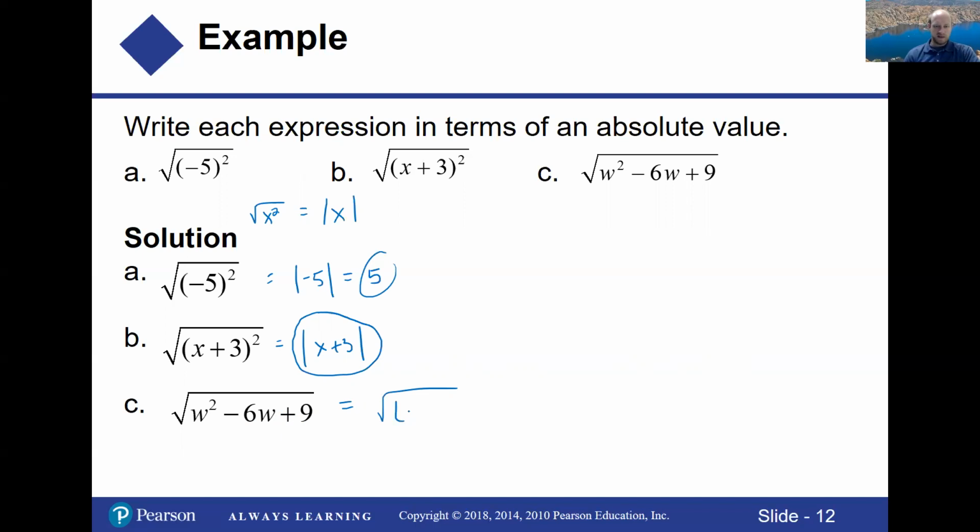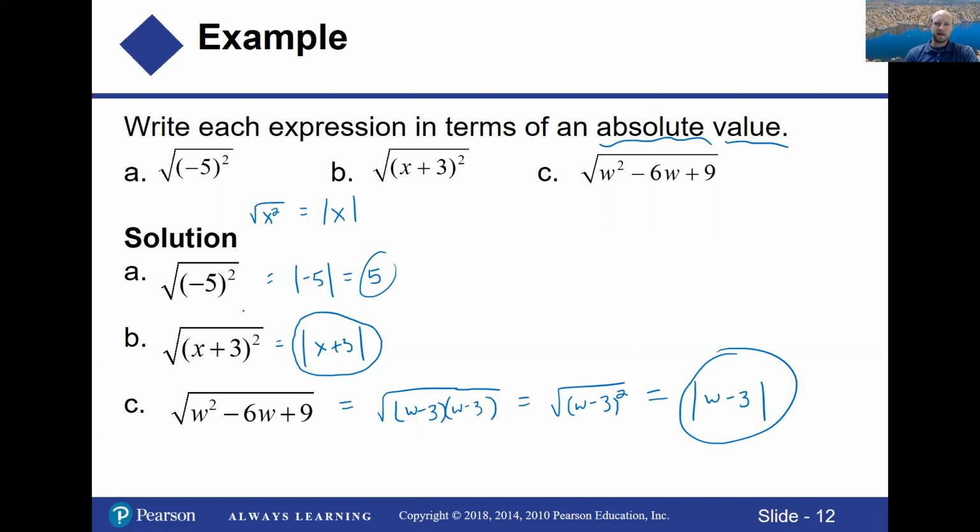This would factor into w minus 3 times w minus 3, which I'll extend that radical a little bit, which we know is w minus 3 squared. And now I take my absolute value rule, which says that this is the absolute value of w minus 3. So that's the answer there. And again, I'm going to give you this hint here: write each expression in terms of an absolute value.